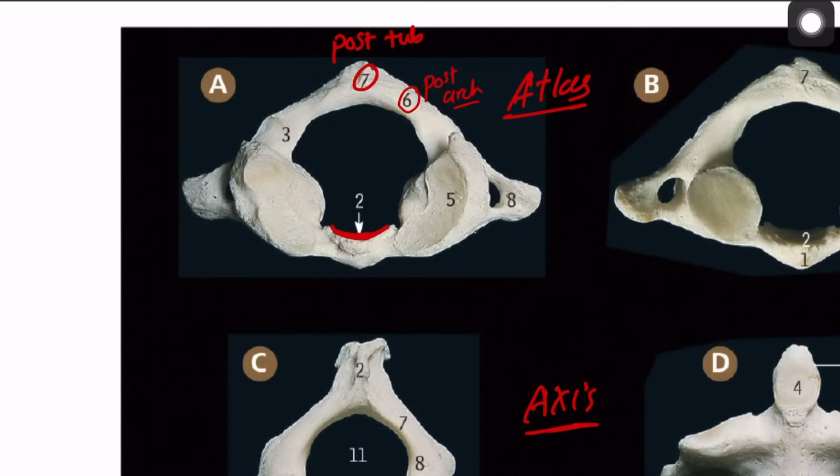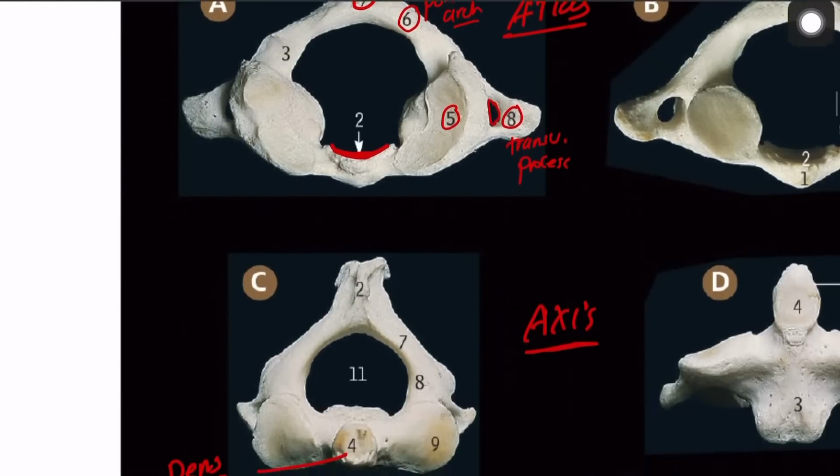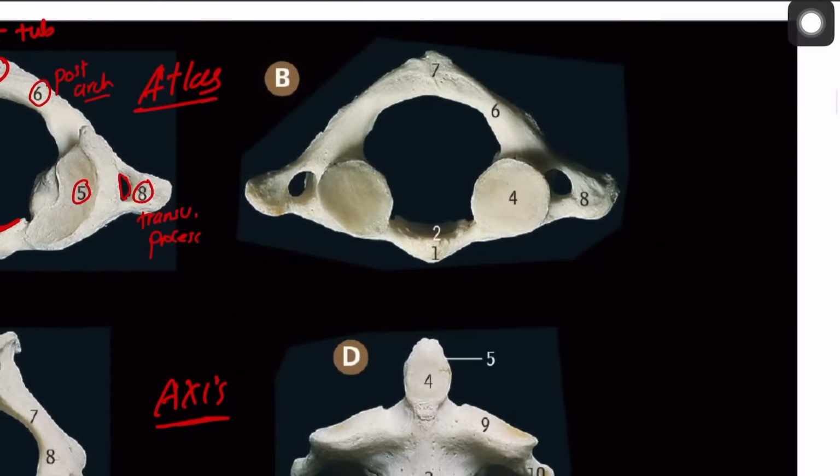Number 8 is obviously the transverse process, and this small lumen is the transverse foramen, and 5 is the lateral mass and the superior articular facet, which articulates with the base of the skull. Looking at this one, it's the same.